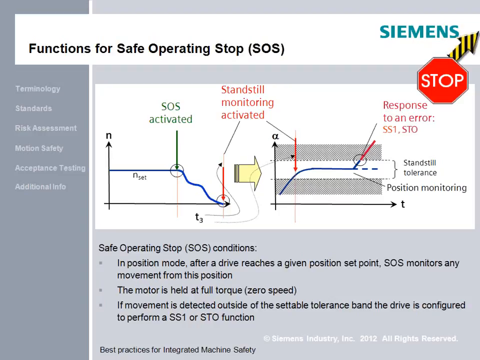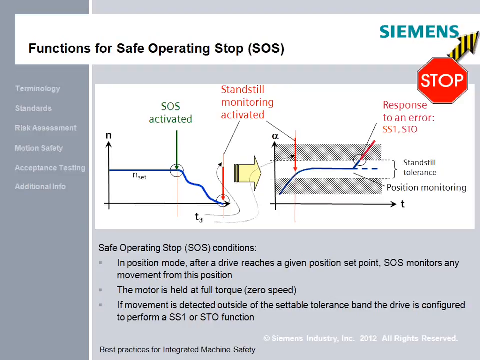If it detects any movement on the machine that's outside its configured tolerance band, then the safe operating stop function is going to respond in a safe manner, whatever that fail-to-safe condition has been configured to do.